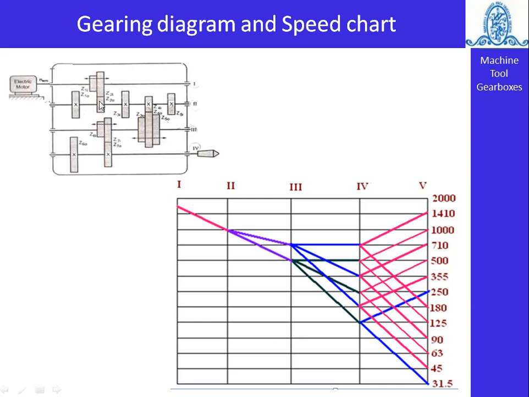To avoid clashing of the gears, you need to mount the 2 gear cluster in such a way that it will not clash while engaging and disengaging during transmission of the speed. Here a 2 gear cluster is used, and here a 3 gear cluster is used.